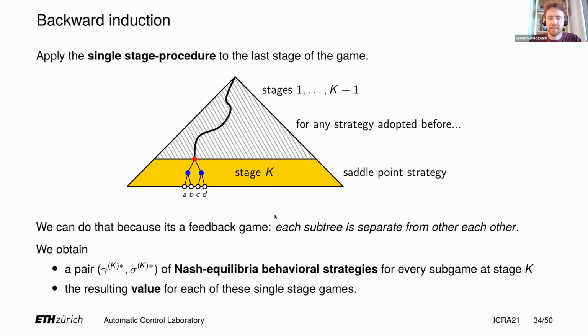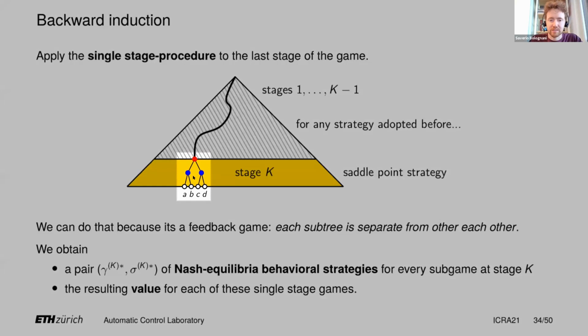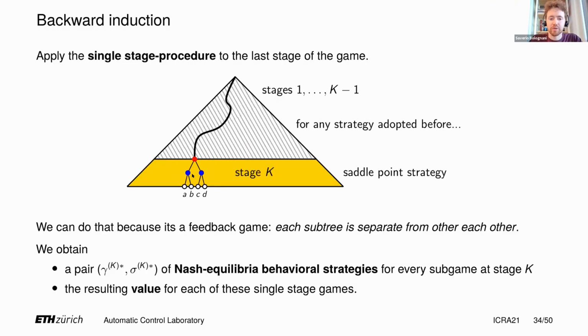Because it's a feedback game, I can take the last stage, stage K, and I can look at all the little subtrees that constitute stage K. Now, I'm not drawing information sets in here, but because it's a feedback game, you know that each of these subtrees will have its own information structure, but will be separate from other subtrees. So these are a large number of small one-stage games at the last stage. And so you can solve them with the methods that we have seen before.